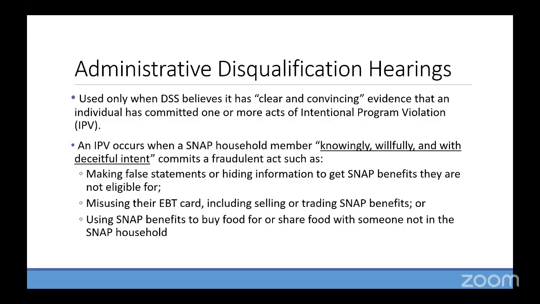This occurs when a SNAP household member knowingly, willfully, and with deceitful intent commits a fraudulent act, which includes things like making false statements or hiding information to get SNAP benefits that the household is not eligible for, misusing an EBT card, including selling or trading SNAP benefits, or using SNAP benefits to buy food for or share food with someone not in the SNAP household. These are all things that can be considered intentional program violations.